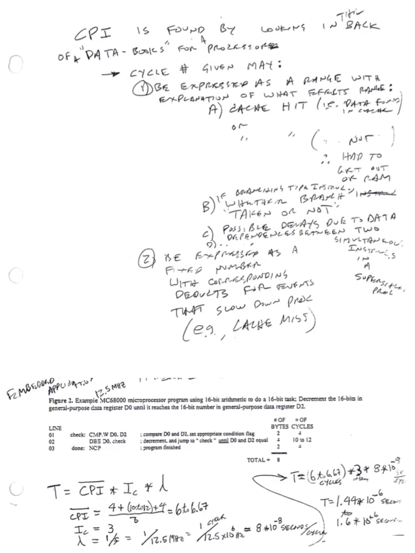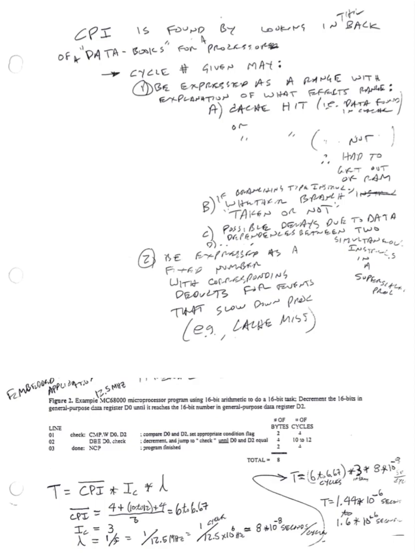It's actually hard to even nail down because of all the different things that could be going on: out-of-order execution, multiple cores, and certainly the levels of cache was always an issue. So you see the number of cycles here can be expressed as a range, with an explanation of what affects the range. That includes the cache hit and miss ratio, where if you had to get it from RAM, that's a miss. And if you have a branch instruction, whether or not the branch is taken, right?